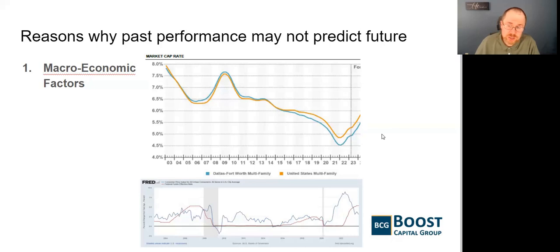So my point here, just to give an illustration, when people were in this time frame where cap rates were compressing and there was a lot of demand, a lot of offers, it was very competitive, everybody was buying left and right, there was no expectation of such a strong turn in interest rates.